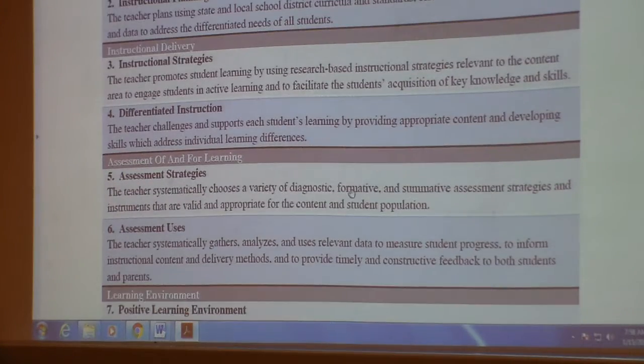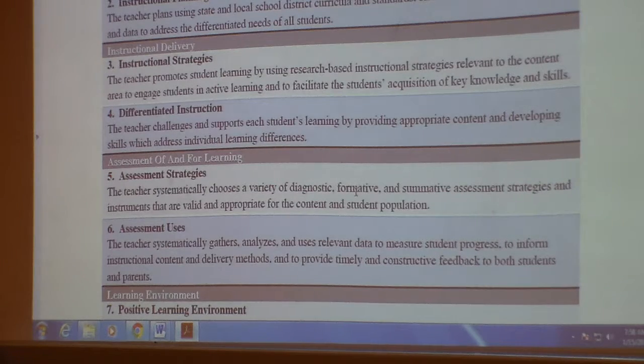So we've kind of built those in to help us with the different indicators. If I'm saying, okay, I need to look at differentiated instruction, well, on Mondays, I know it's Hawk Time going on. I can walk in your class and I should see some form of differentiated instruction. If I'm looking for assessment strategies, where teachers systematically choose a variety of diagnostic, formative, or summative assessment strategies, then I can go into Thursday.